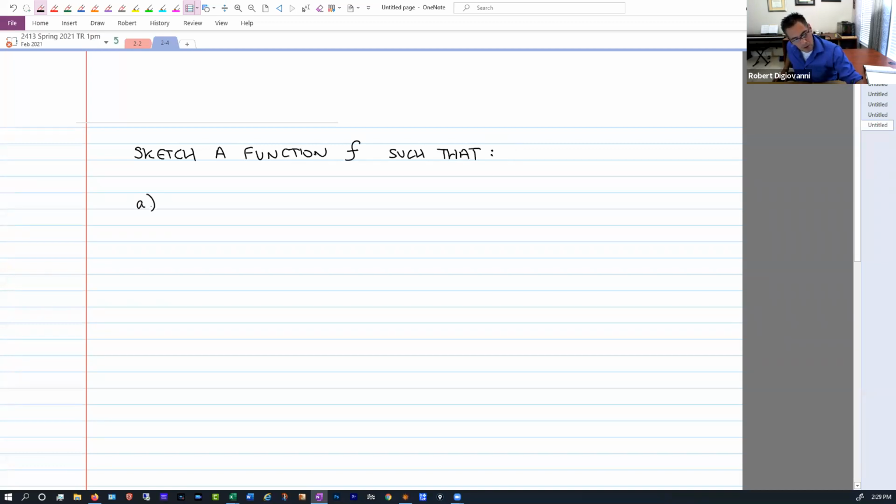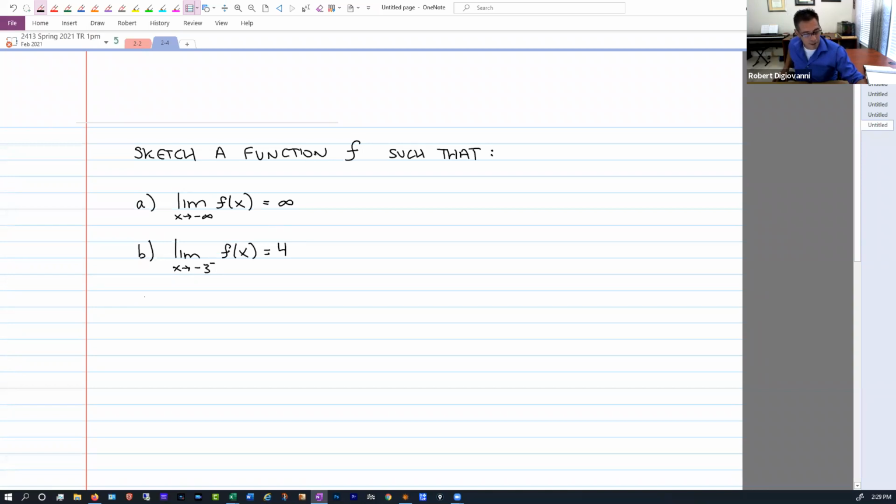First, A, I would like the limit as x goes to negative infinity of this function to be infinity. The next thing I want is that the limit as x approaches -3 from the left of this function to be 4.